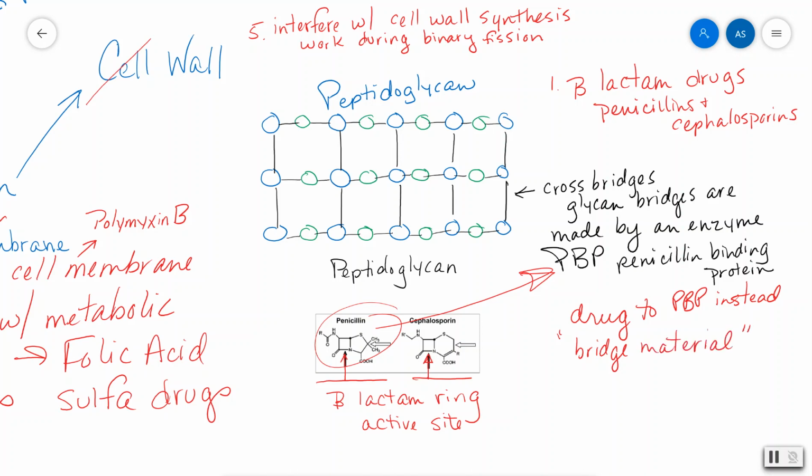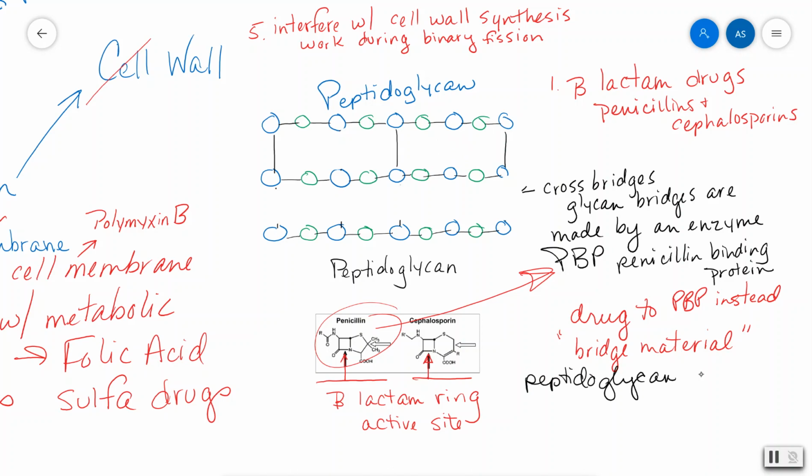So then the enzyme builds bridges that are not functional. They fall apart. It'd be kind of like substituting real bricks in a building for styrofoam bricks. They would collapse. They would be crushed. And so when the cell wall or the peptidoglycan is made, we don't get the glycan bridges, and the peptidoglycan ends up being weak.